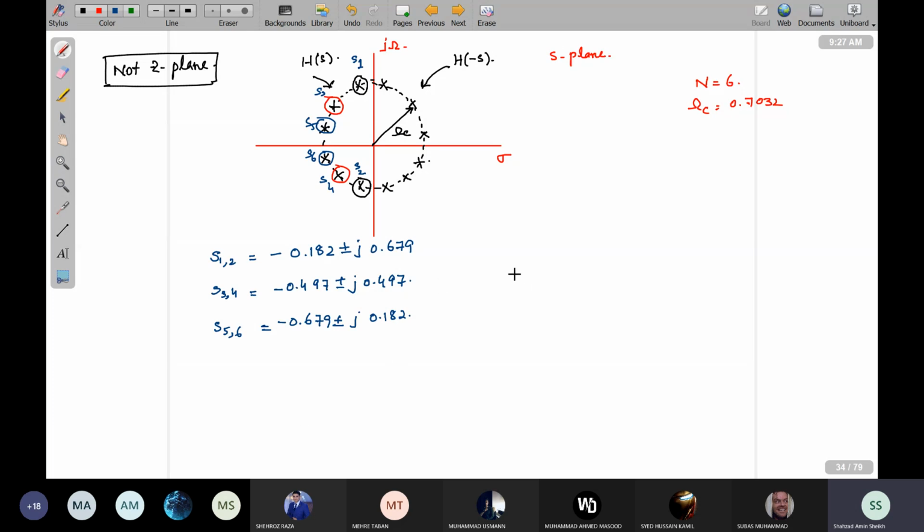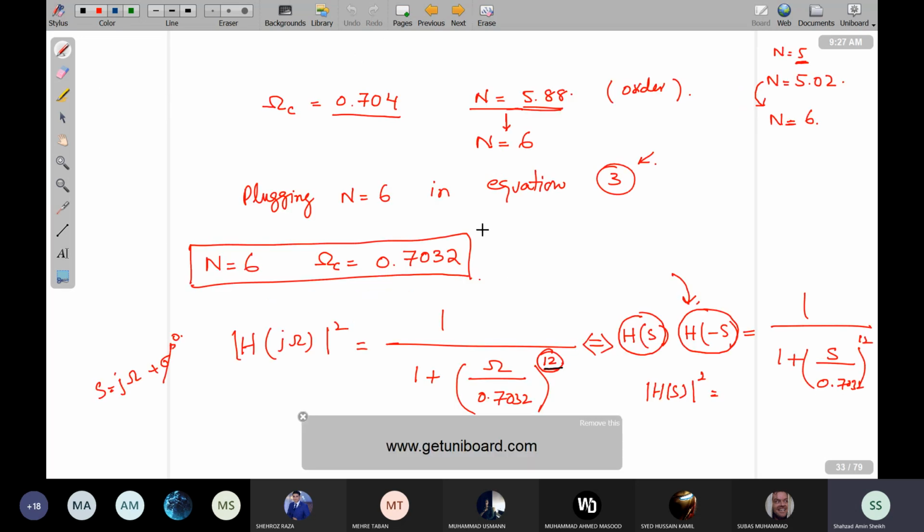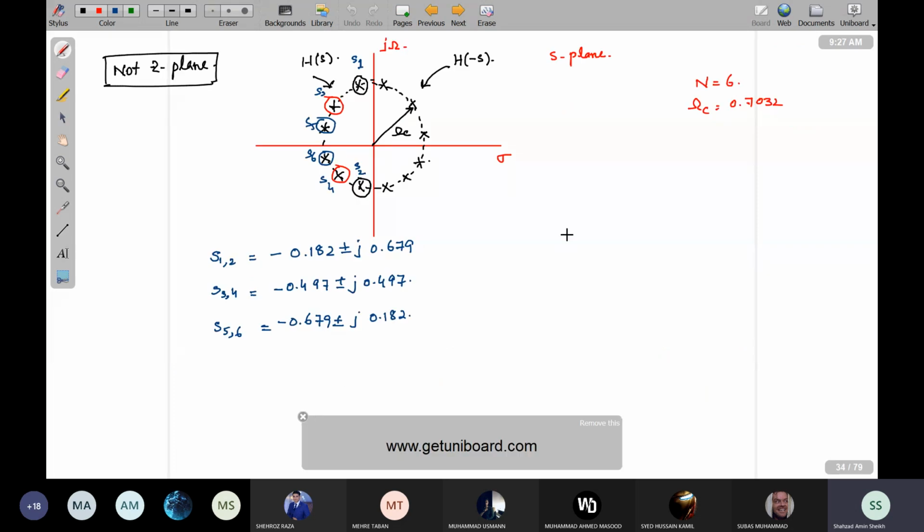I can get my H(S) using the formula, because that formula comes along with this one as well, as I was saying, everything is present in analog filter design. So H(S) is omega c raised to power n divided by (S minus S1)(S minus S2)(S minus S3) up to (S minus Sn).